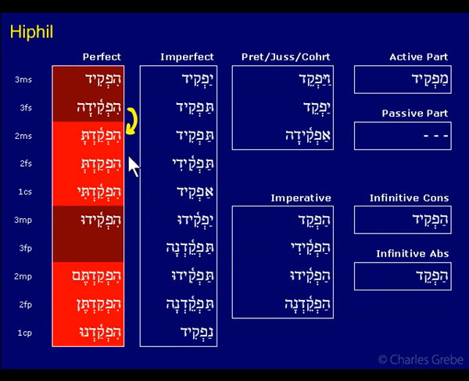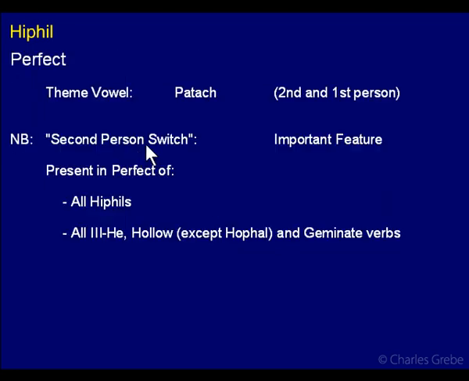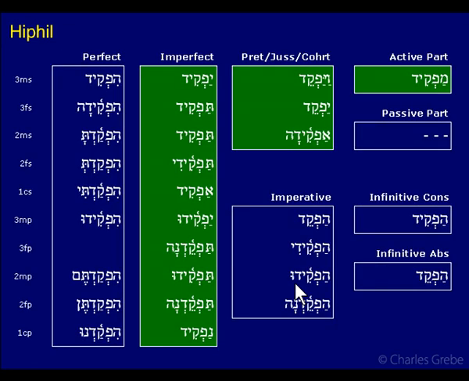You won't be aware of that. So when we get into some of those later weak verbs, it's useful to throw in this verb as well, just so that you're aware of what the changes are, because it can be quite significant. But we'll come to that in chapter 32 onwards. Okay, so the theme vowel is patach in this second and first person.